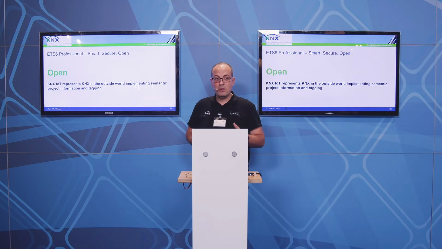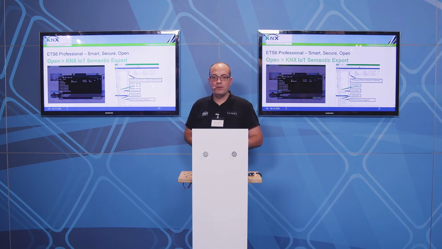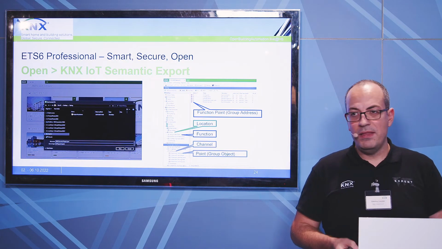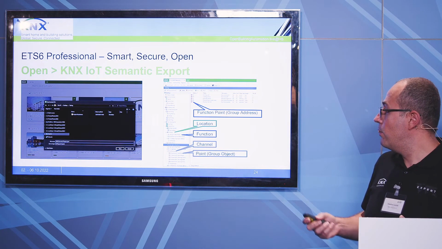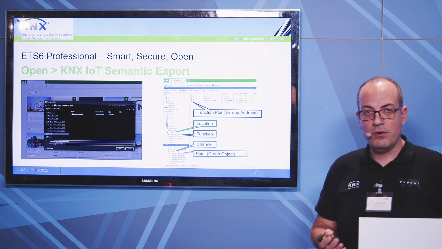IoT support, so KNX ETS6 will definitely support the semantic data export. So what is a semantic data export? As you can see, within an ETS project, we have several pieces of information like the function points, which are the group addresses.